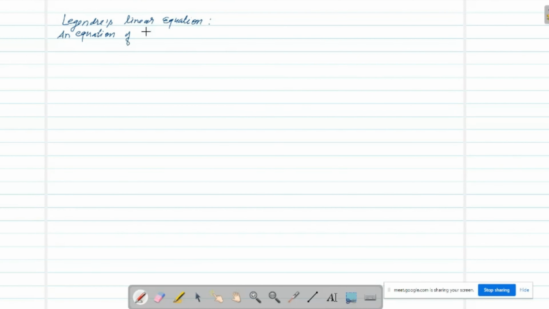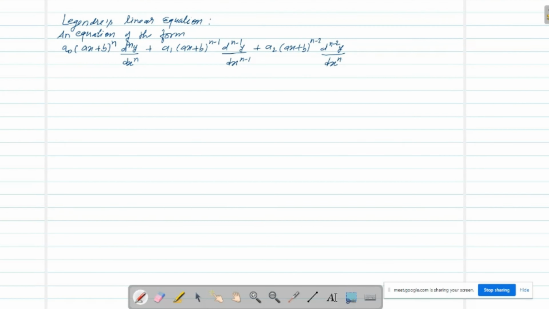Write the equation: a naught (ax plus b) raised to n, d raised to n y by dx raised to n, plus a1 (ax plus b) raised to n minus 1, d raised to n minus 1 y by dx raised to n minus 1, plus a2 (ax plus b) raised to n minus 2, d raised to n minus 2 y by dx raised to n minus 2, and so on up to a n y equal to X. Okay, name this equation number 1.